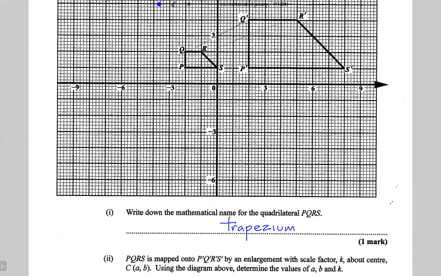To find the center of enlargement, I'm going to use this fact. The straight lines drawn through corresponding points on the object and on the image must pass through the center of enlargement. So using my ruler, I'm going to draw a straight line through Q and Q prime.